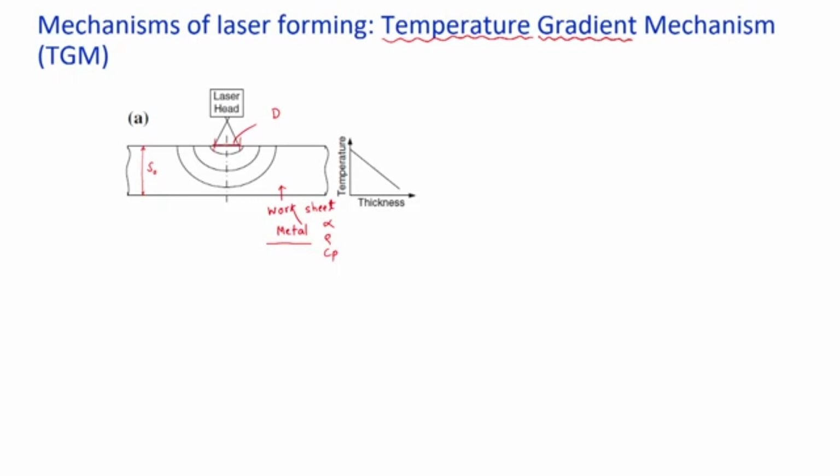When the top fibers or top layer is expanded, the surrounding material which is at the normal, ambient temperature will oppose that expansion, will constrain the expansion of the top fibers, and due to that there is a generation of compressive stresses inside the material, and due to these compressive stresses the material will get deformed.